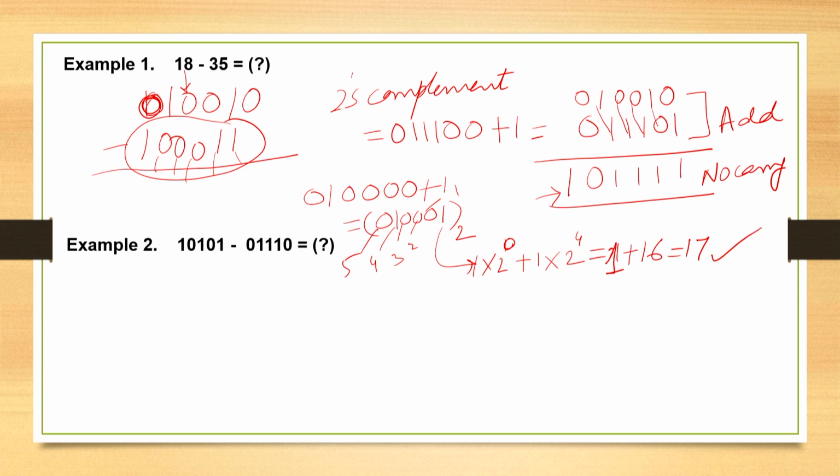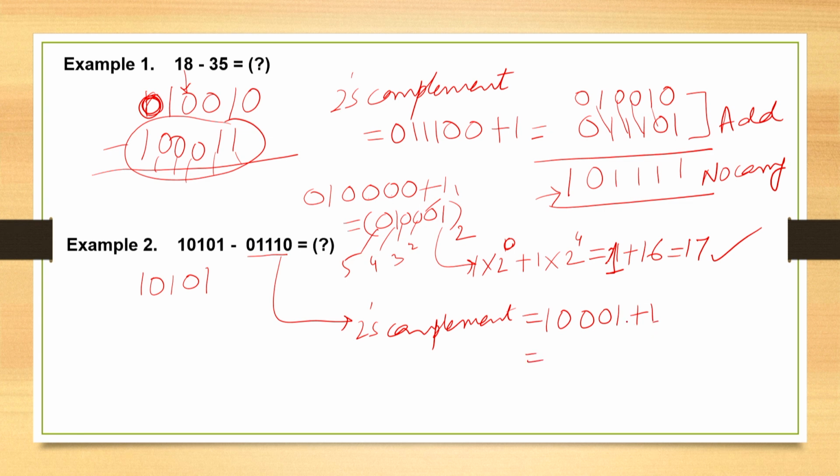Let's do the second example for better understanding of this. Here a binary number is given to you. It is 1, 0, 1, 0, 1. You have to subtract what? This. So first find what? Its 2's complement. So its 1's complement, that is 1, 0, 0, 0, 1, plus 1, that becomes what?